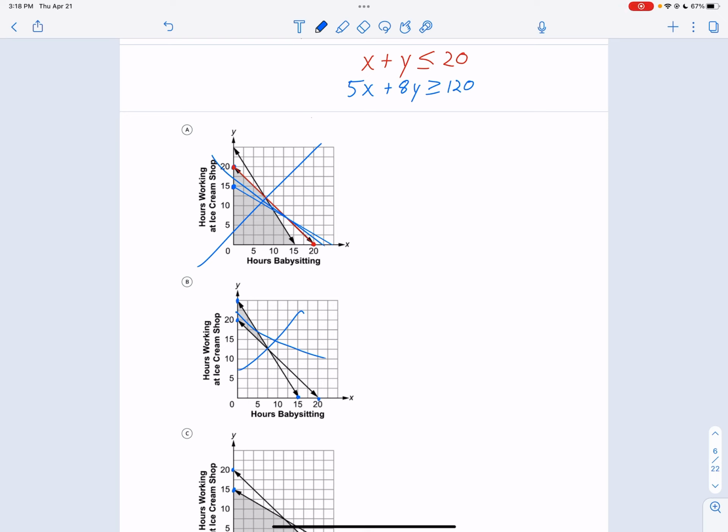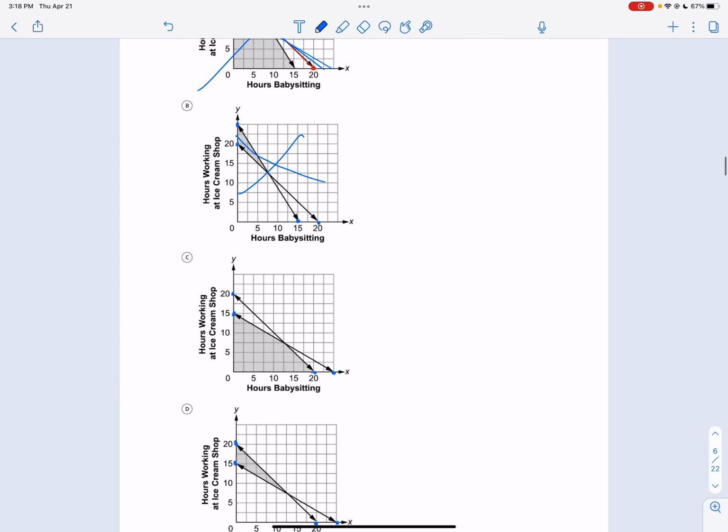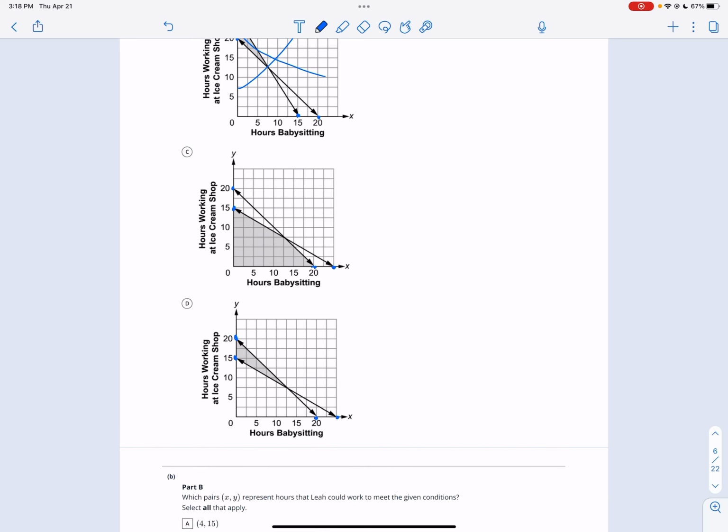Because once you solve for y, into kind of like a slope intercept form, you shade below because all of your y values are below that line. And if all of your y values are greater than or equal, you shade up. It ends up being very simple. It's something students often overthink.